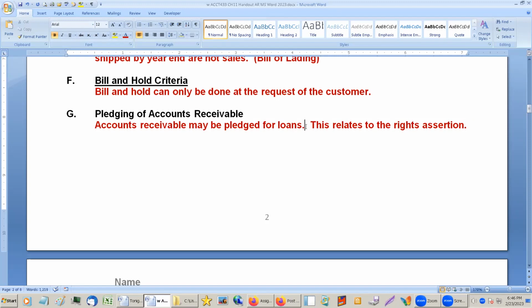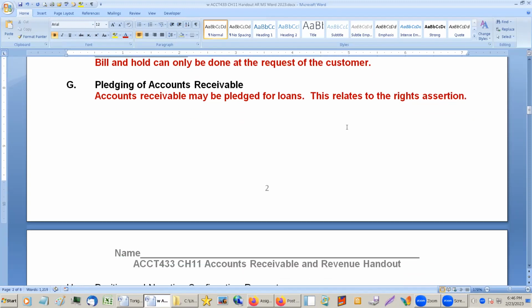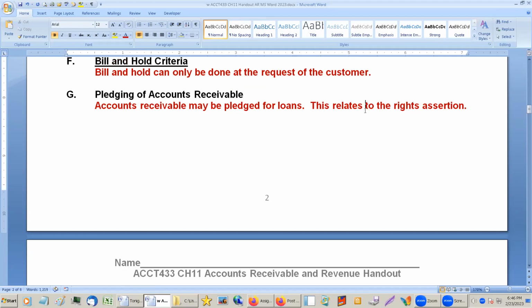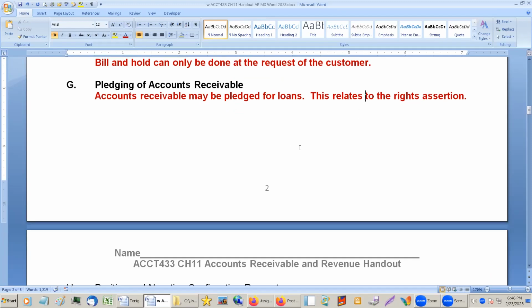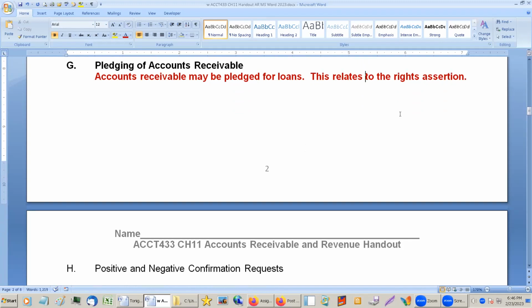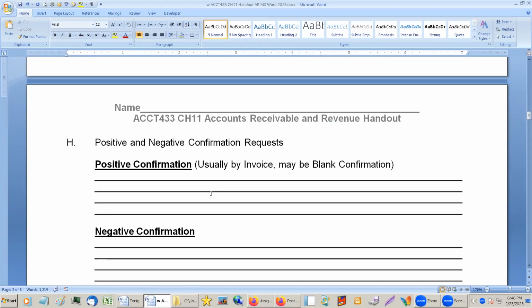Those rights are pledged for this loan. So it is possible that they don't have the rights to those accounts receivable. The custody will exist, but they don't have the rights to them.